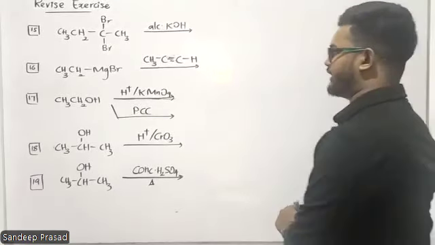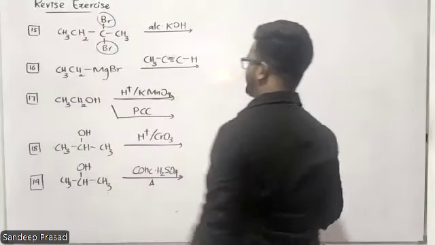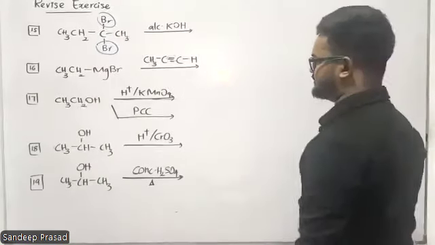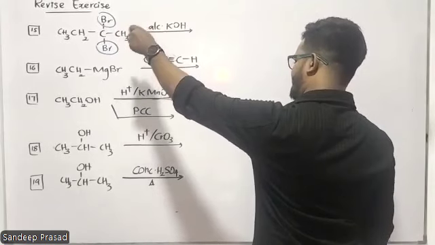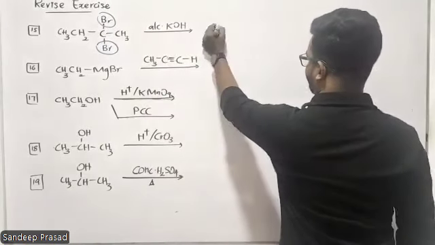Number 15, alcoholic KOH. This is actually a geminal dihalide, right? That means two halogen atoms are connected to the same carbon atom. So hydrogen is eliminated from the carbon atom that is poor with hydrogen, so we have to choose the left-hand side carbon atom.